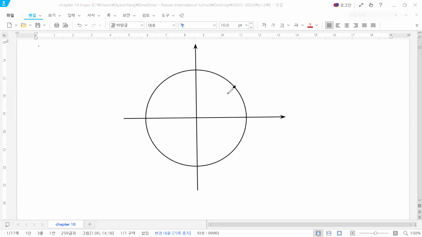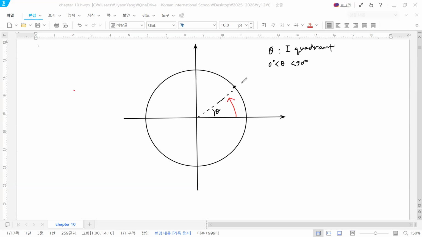So students, if this angle theta is a first quadrant angle, it's between 0 and 90 degrees, right? Because as I told you, when we measure the angle, we start from the right side of the x-axis, following the anti-clockwise direction, right?